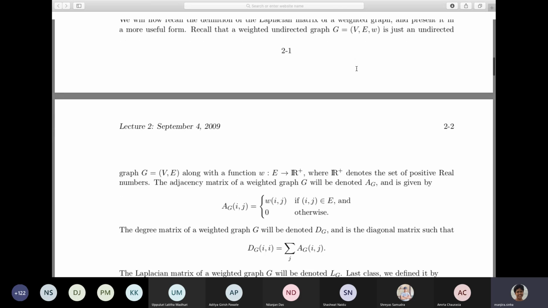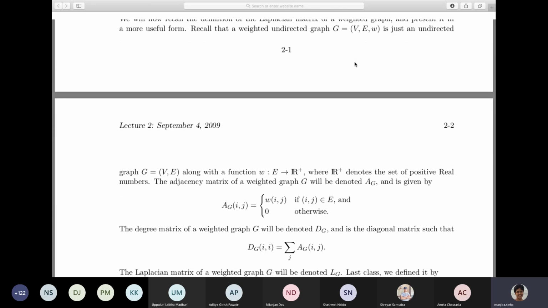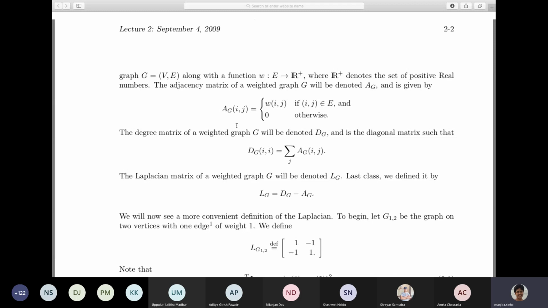Our graph is defined as a set of vertices, a set of edges, and a set of weights W. So the adjacency matrix, as someone has rightly pointed out, now instead of just 1 or 0, holds the weights between the vertices i and j if an edge exists between i and j.